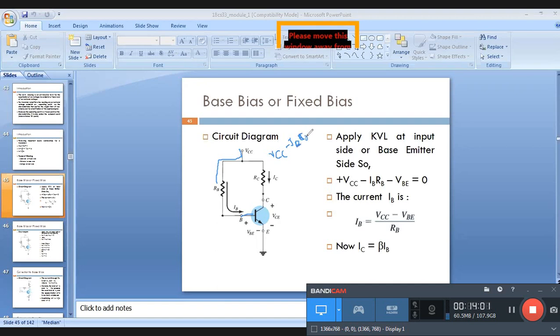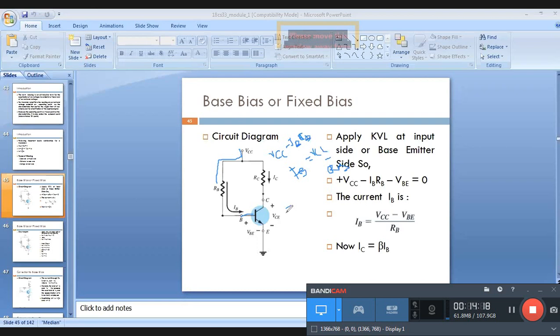Take IB outside. IB is equal to VCC divided by RB. Now what is the value for VCC?